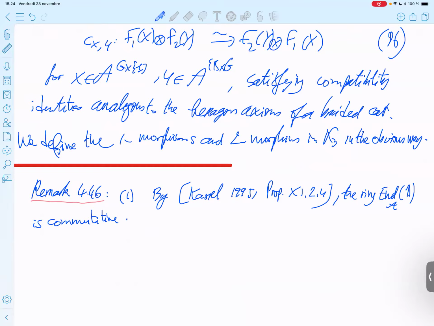And from that Kassel deduced that the Hom space between these two components is 0 whenever G1 is different from G2.